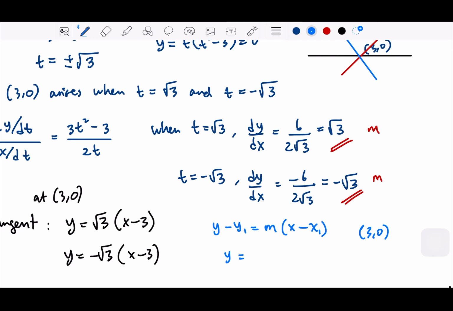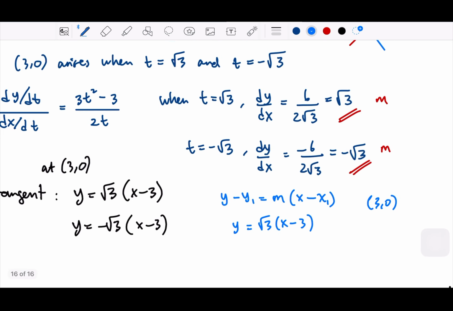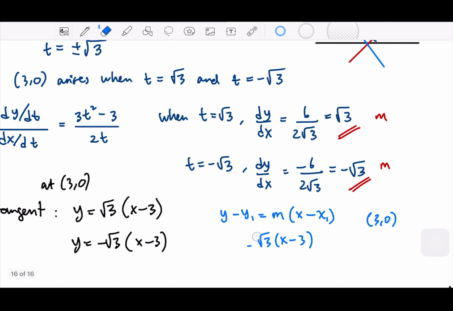When t is square root of 3, then this is y equals square root of 3 times (x minus 3). Let me make an arrow there. That's the first question. So we established and showed that we have these two tangent lines.